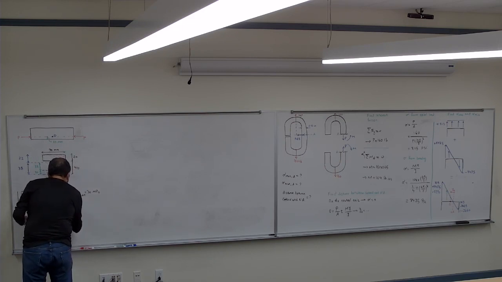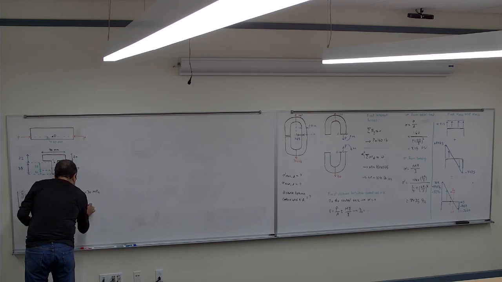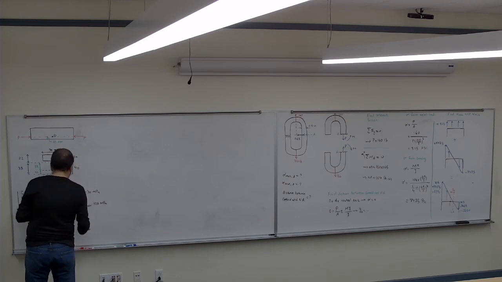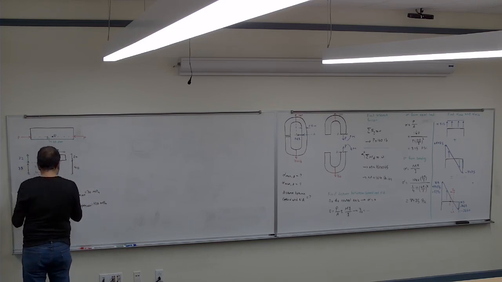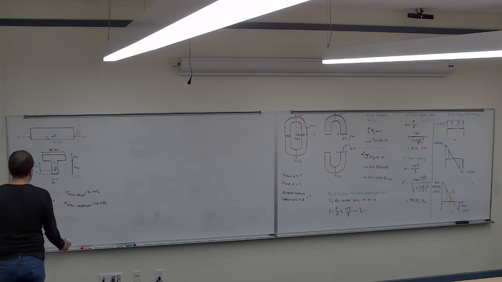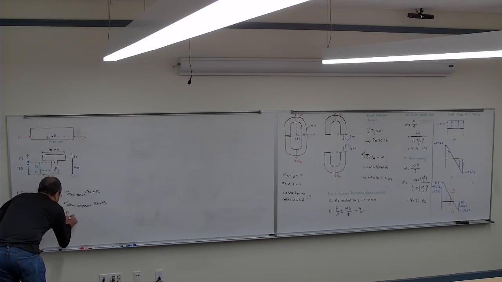Sigma allowable for compression is 120 megapascal. Then we want to know the maximum value for the P.